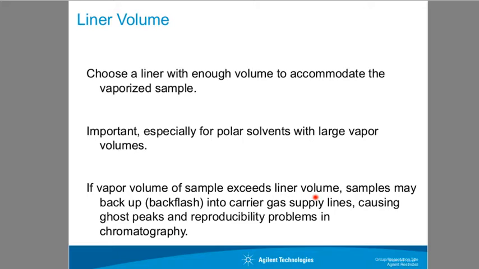Sometimes, if you inject a standard and then you inject a blank, all of a sudden you see your peaks. More than likely, it's because you had some type of backflash, and your sample is volatilizing in the inlet, exceeding, even on a blank, the volume of the liner and the inlet, going out, and redissolving some of these things.